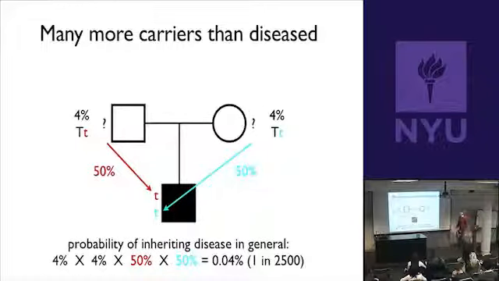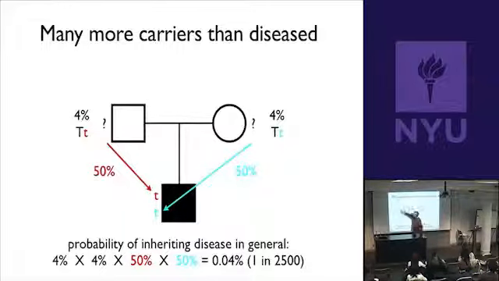All we know is that they're not affected, and for a particular disease gene, we know the probability that those parents are carriers. For Tay-Sachs disease, let's say these are Eastern European Jewish parents, and each one of them has a 1 in 25 chance of being a carrier. So that's 4%.